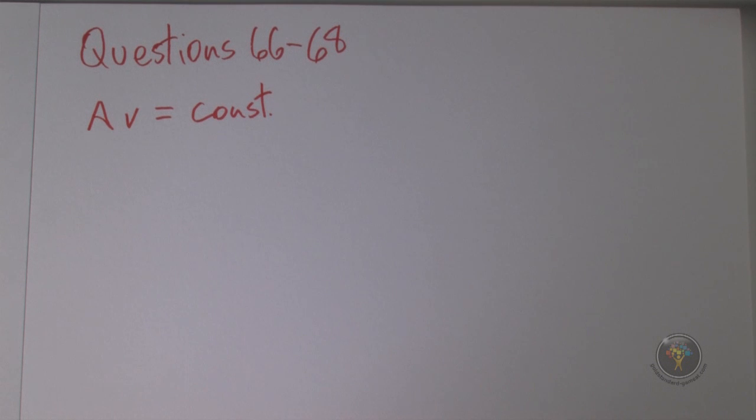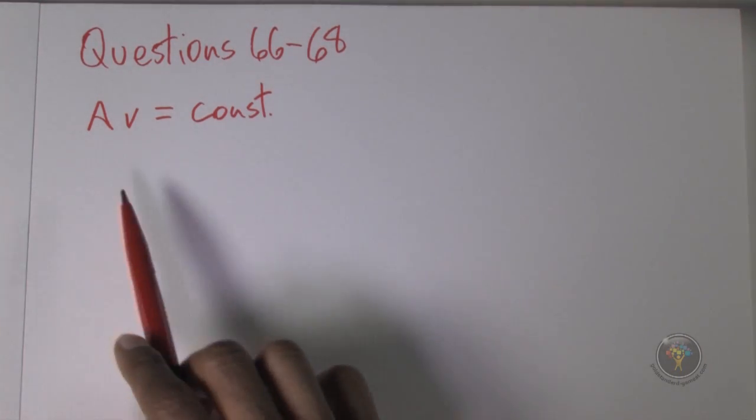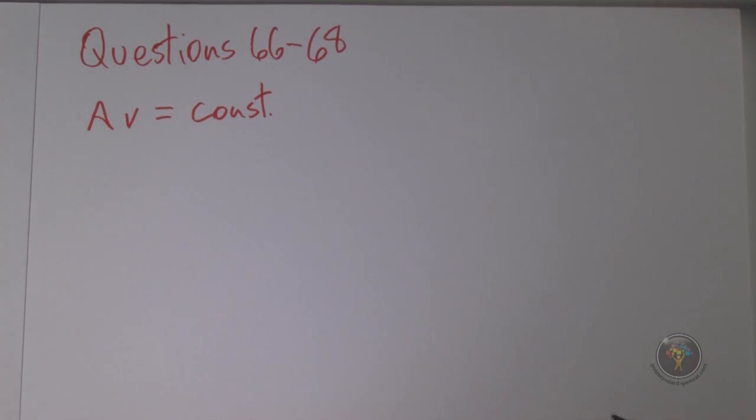They don't mention it, but it means that for incompressible fluids moving through pipes or tubes, we can deal with them like this. AV is constant, and in science, whenever you see something is constant, it means A1 V1 is equal to A2 V2, etc.